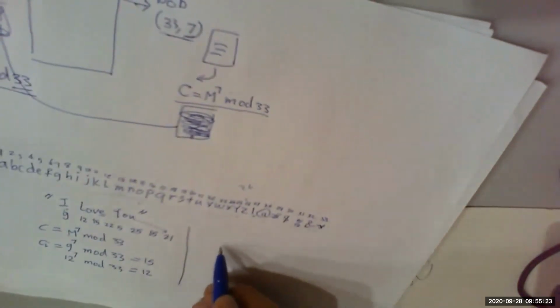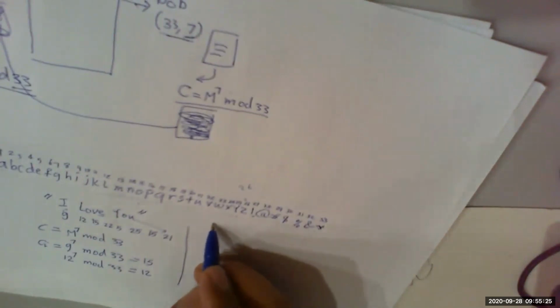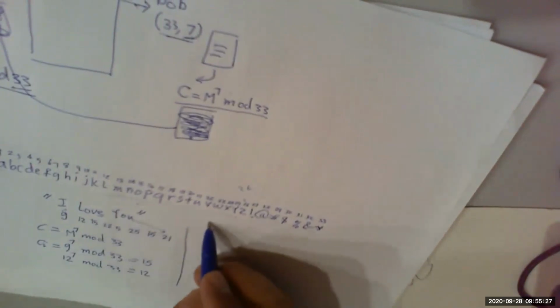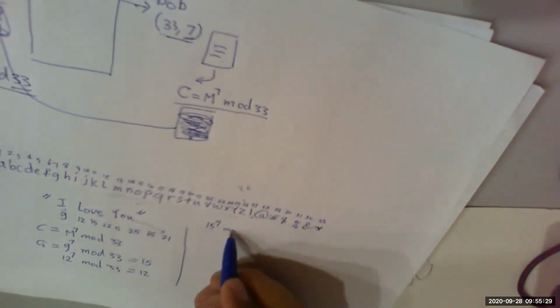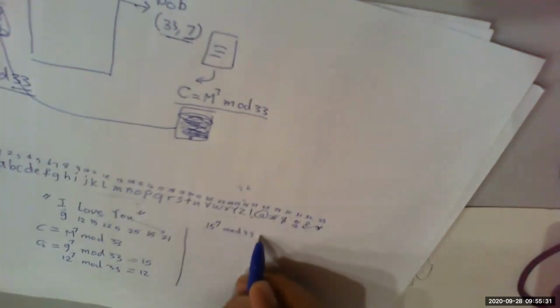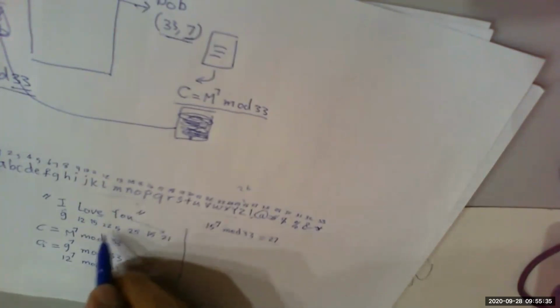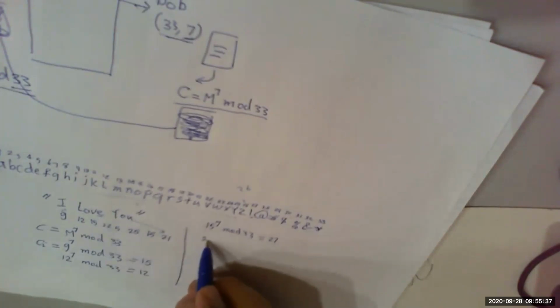Okay, and also for the other letters: 15 to the power 7 mod 33, which will lead to 27, and 22 to the power 7 mod 33.